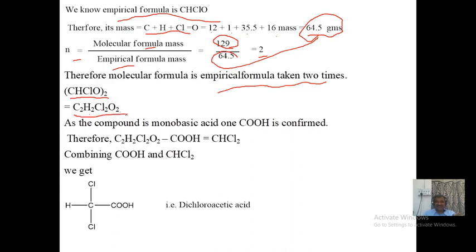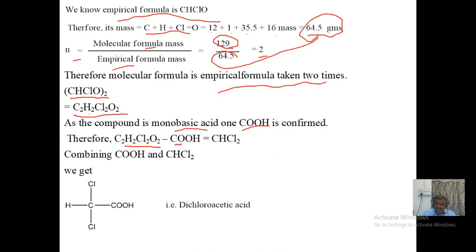But one step further. As the compound is a monobasic acid, friend, that means there is one COOH group because no other elements are there. Otherwise a sulfonic acid group is a possibility in organic compounds, but here it is not the case because carbon, hydrogen, chlorine and oxygen, only these are the 4 elements and it is monobasic, therefore a COOH group is there. Now what is the molecular formula? C2H2Cl2O2.